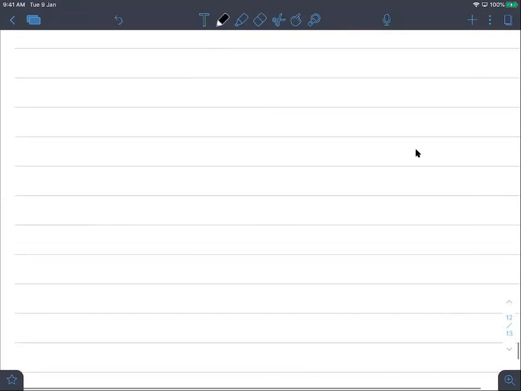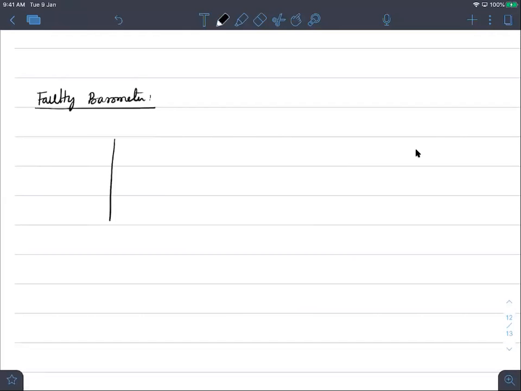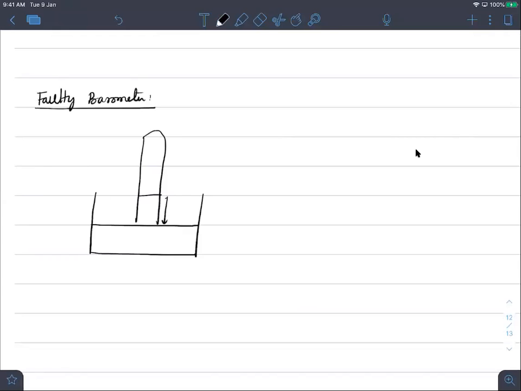Okay. We got the next type of question, which is based on a faulty barometer. Suppose a barometer is given, in which a column is inserted here, and the height here is given as, let's say, 5 centimeters, and this is filled with mercury. Then there is again a gap with some gas here.